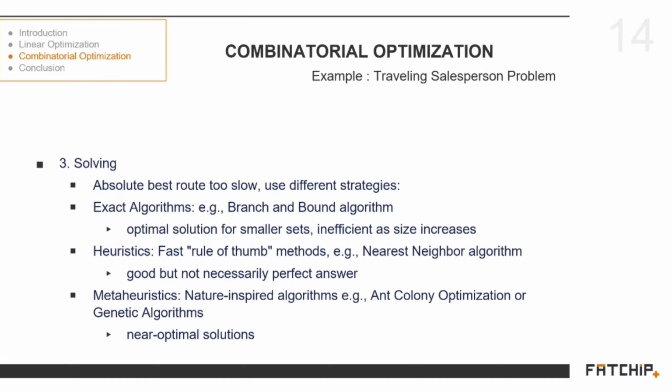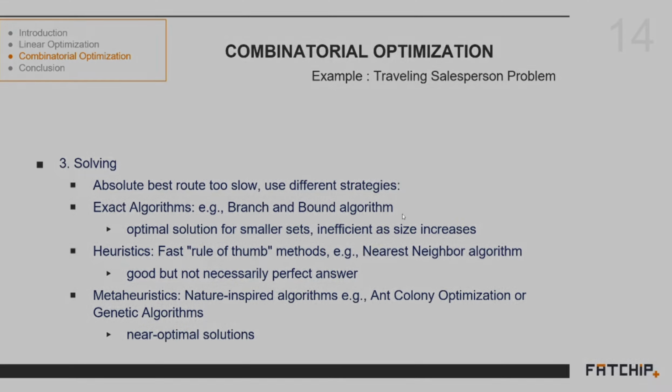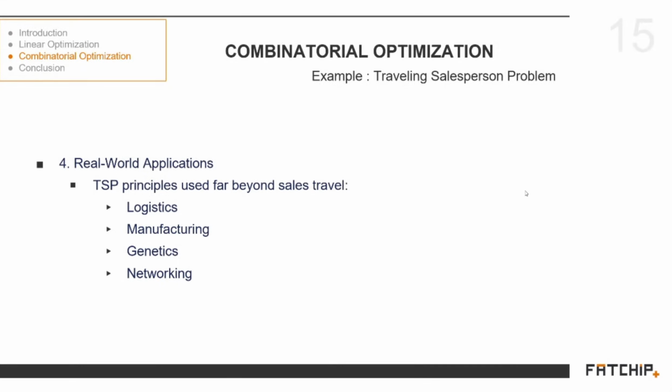Manufacturing, when we plan the best sequences for the machines, for example, to work fast and efficiently. In genetics, it's also used for DNA fragmentation and sequencing.